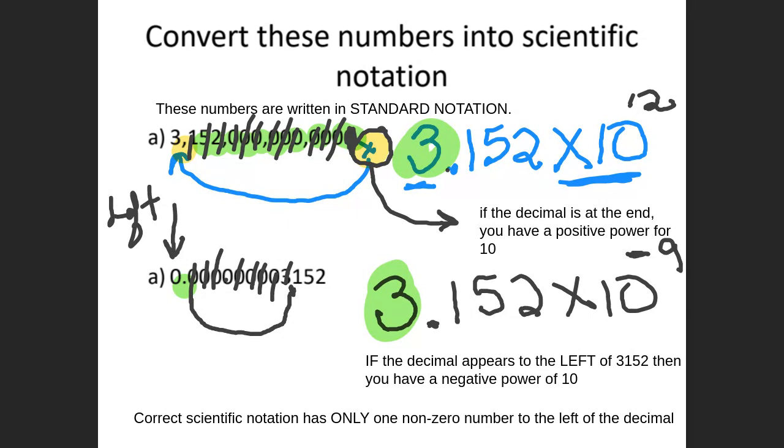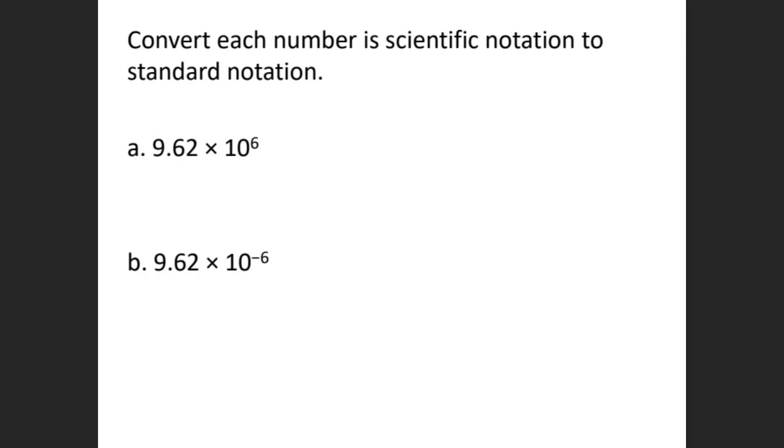Okay. Now, this is going to ask us to go backwards. This one is giving us the answer in scientific notation. Now, this has a positive 6. Well, that means this decimal between the 9 and the 6 must move 6 places to the right.